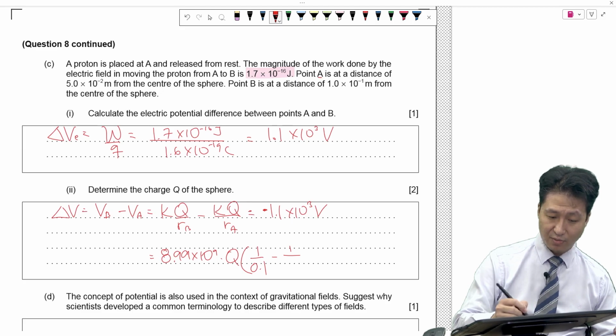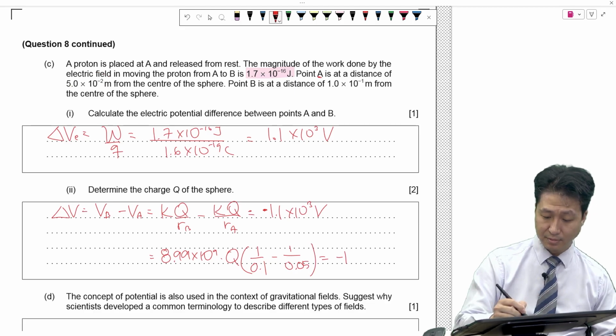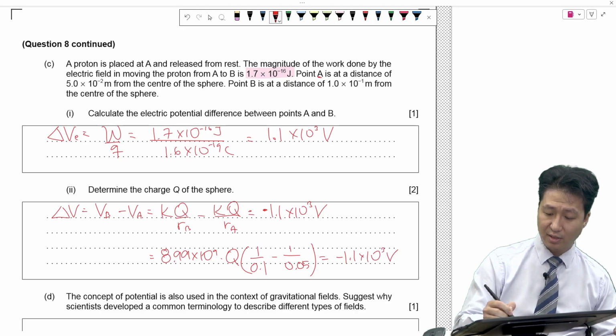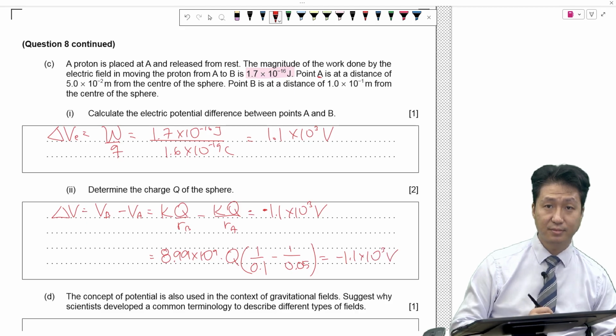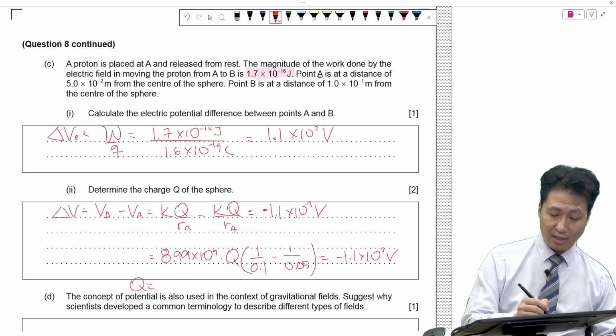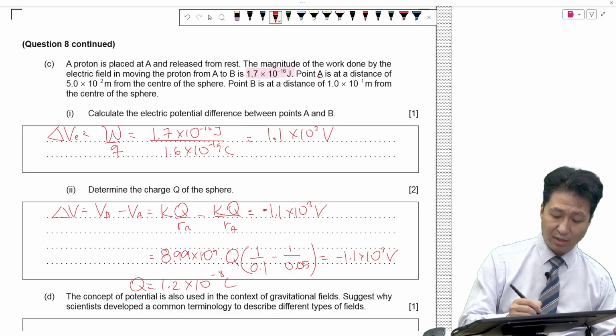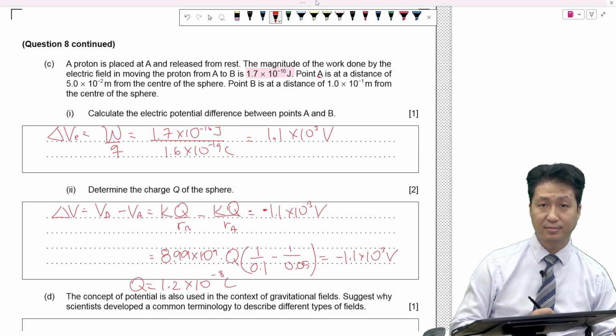Minus 1 over the distance to point A would be 0.05 instead of 5 times 10 to the negative 2, which is equal to negative 1.1 times 10 to the third volts. And if you use this equation, you can easily find that the charge will be equal to 1.2 times 10 to the negative 8 coulombs.